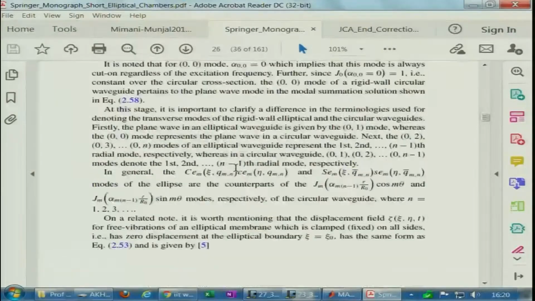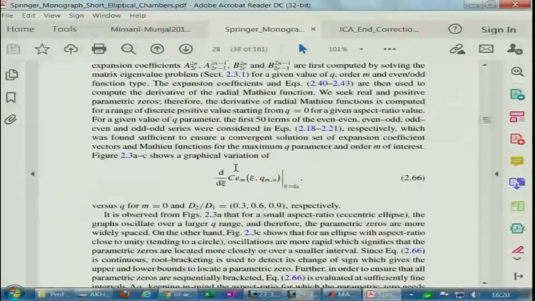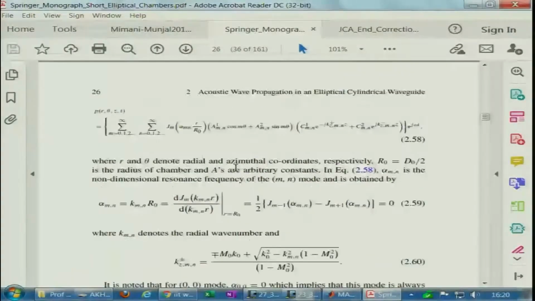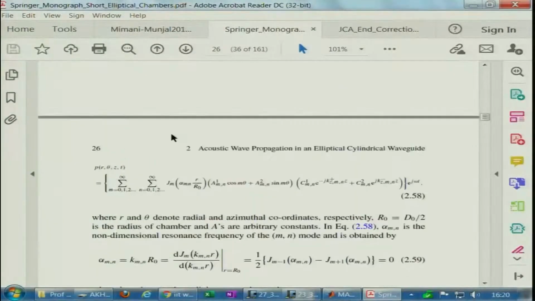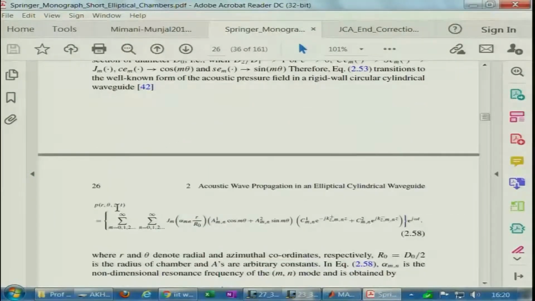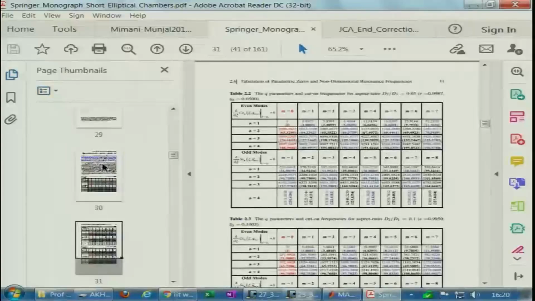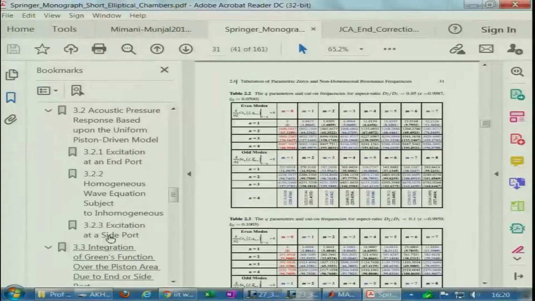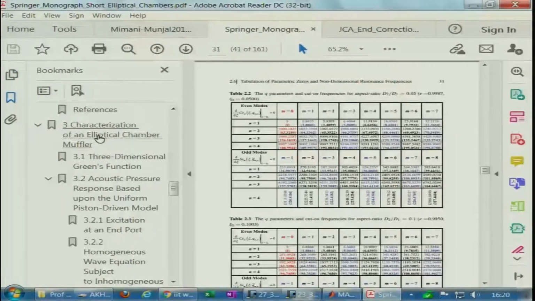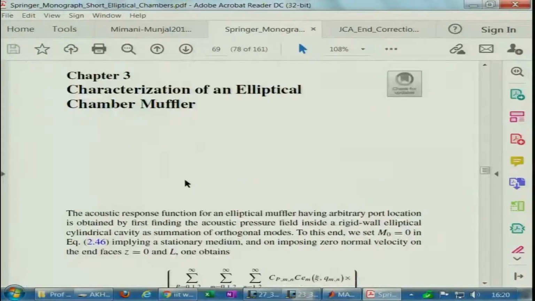These elliptical cases are more complicated. You see this equation 2.58 is the case where you have this modal summation I was talking about. Of course, here you have not really enforced the rigid wall condition along the z direction, but once you do that, we can go to the third chapter of this book, where the Green's function solution is given, and this is what you get.